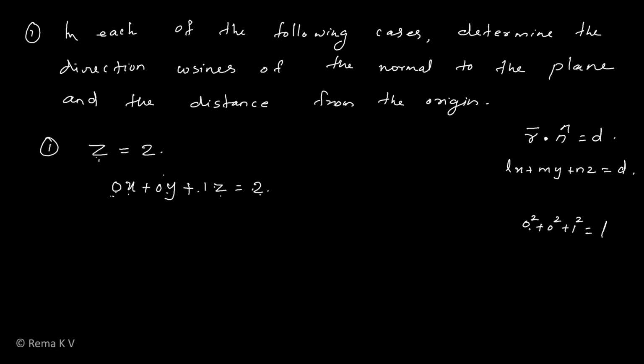When you find this is equal to 1, the magnitude of the vector is 1. That means it is a unit vector, n cap is given to us. Therefore the direction cosines are 0, 0 and 1.